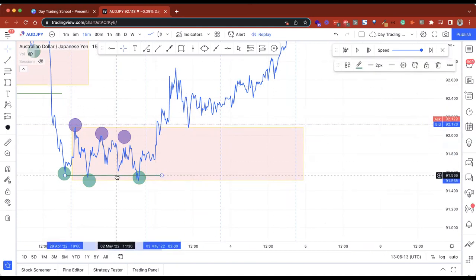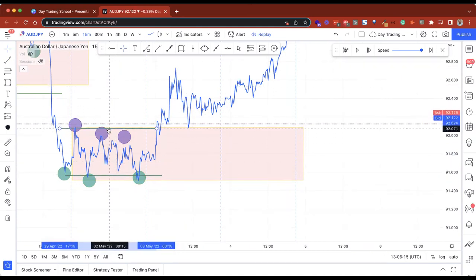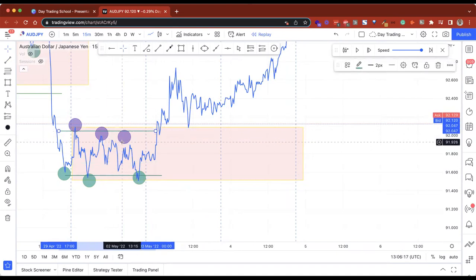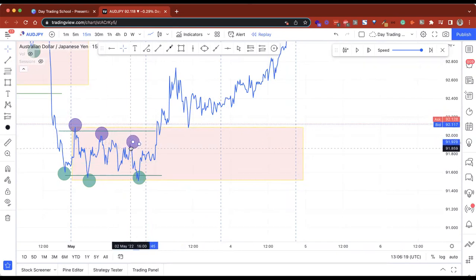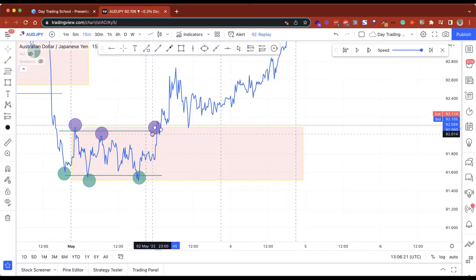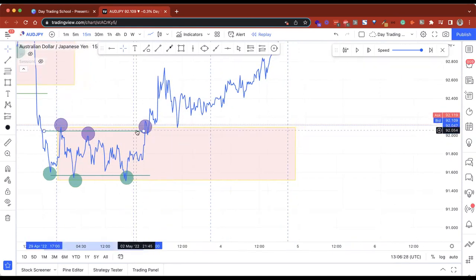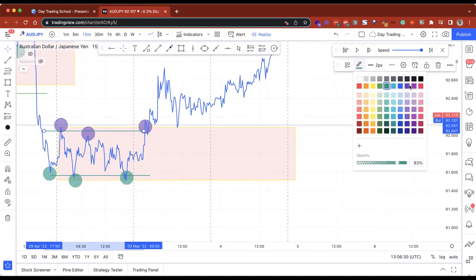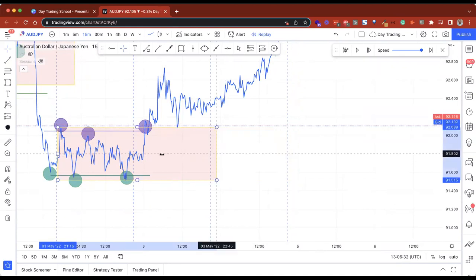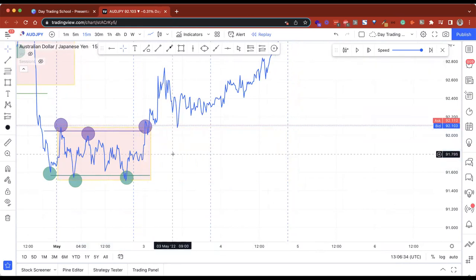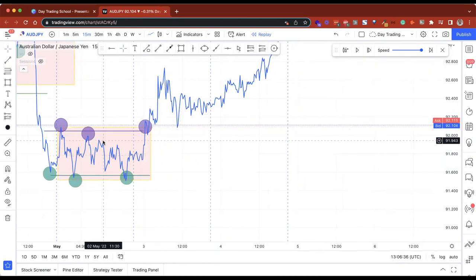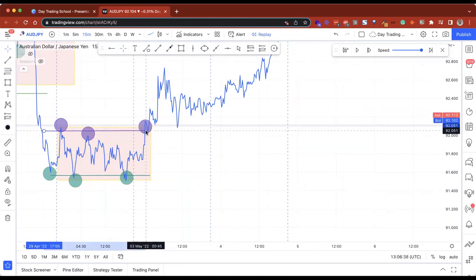And then lastly, we had our little ceiling right here connecting with these three circles right here. And once it broke out of there, we were good.